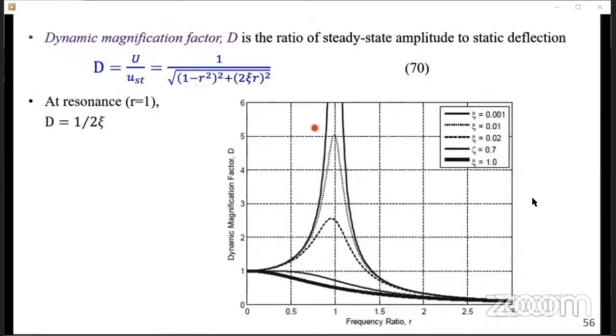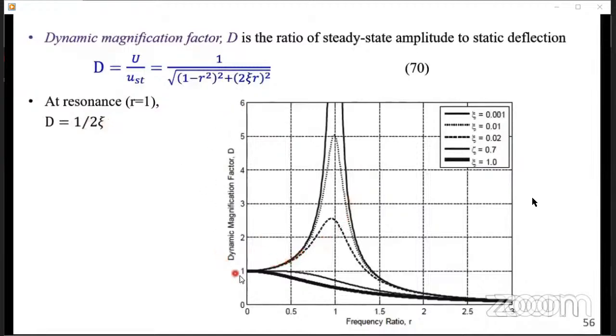When resonance occurs, we have, of course, the dynamic magnification factor simplifying to 1/(2ξ).